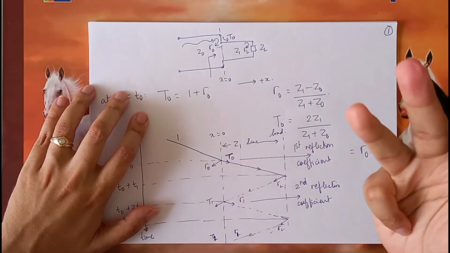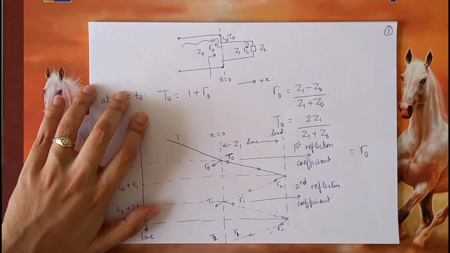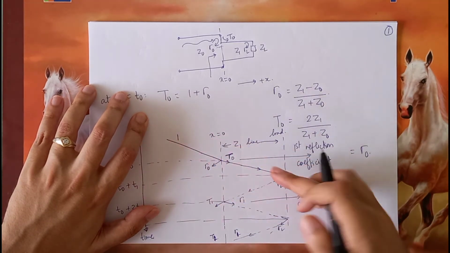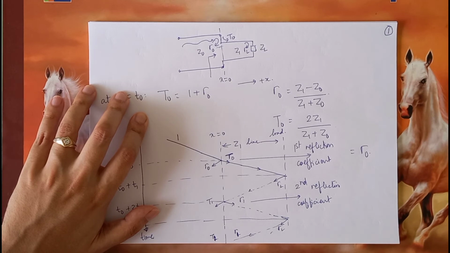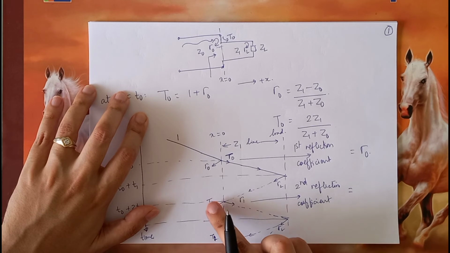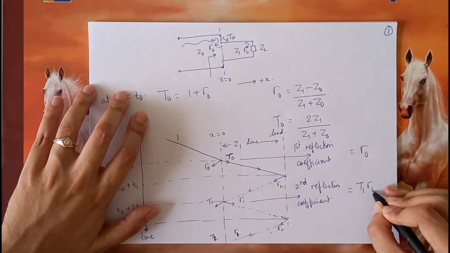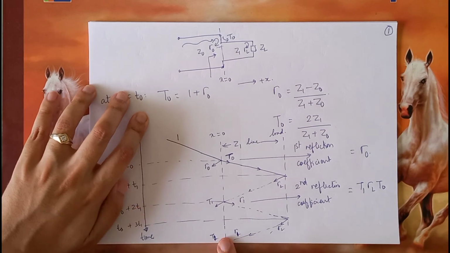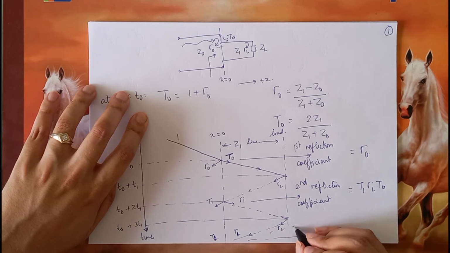So therefore there are three coefficients which are playing a role: T0, gamma L, and T1. Because there are multiple coefficients for the same wave, they will all get multiplied. And the second reflection coefficient will be T1 times gamma L times T0. Likewise over here, at T0 plus 4T1, there will be the third reflection coefficient.